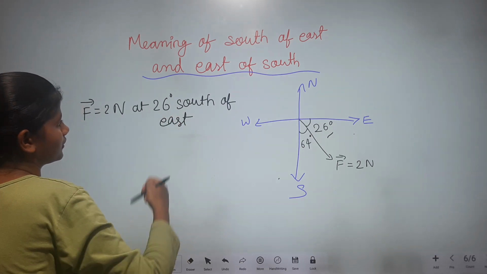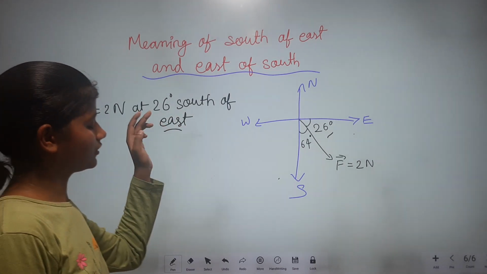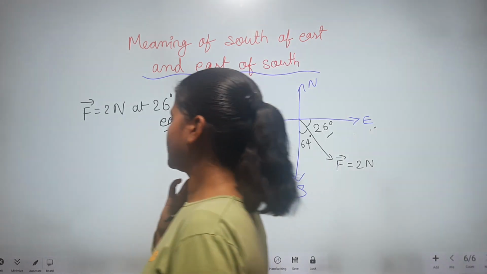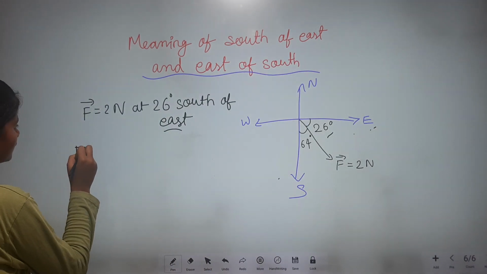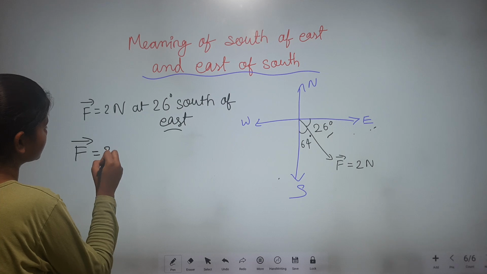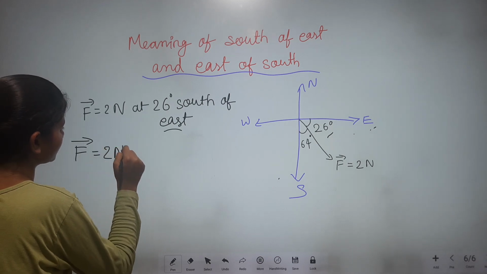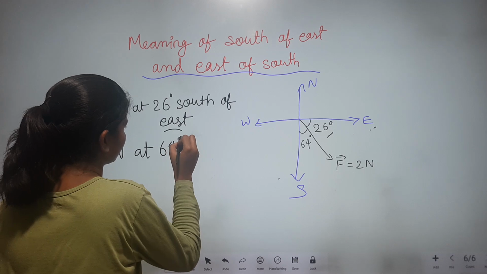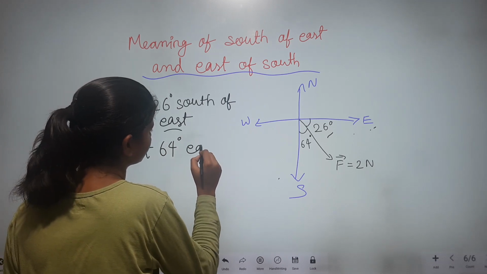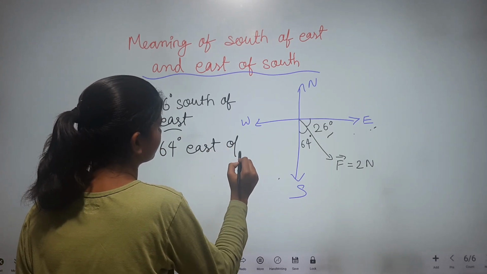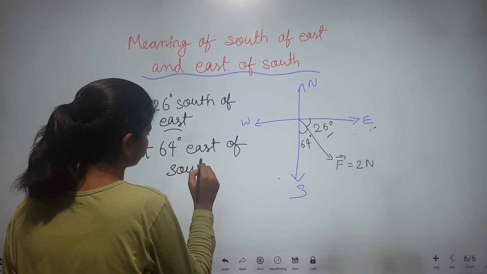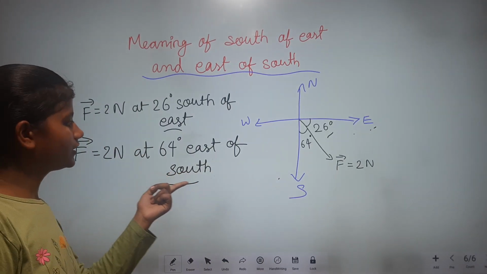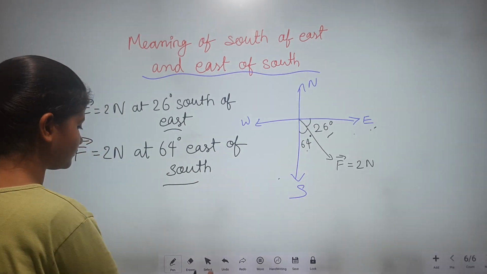Okay, 26 degree is formed with east. Okay, so that's why it is written last. Or we can also write like this: force is equal to 2 Newton at 64 degree east of south. Okay, 64 degree is formed with south.